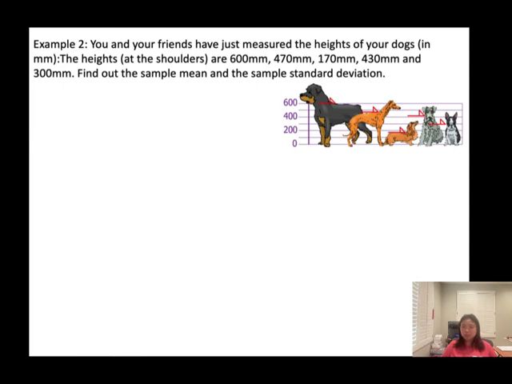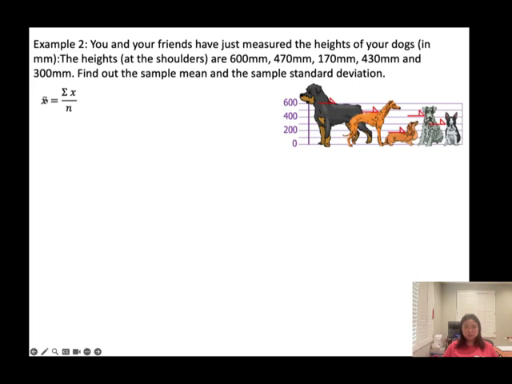Make sure you write down the notation for the sample mean. Check the work for the sample mean. Write down the formula. I need to see this on the exam, okay?